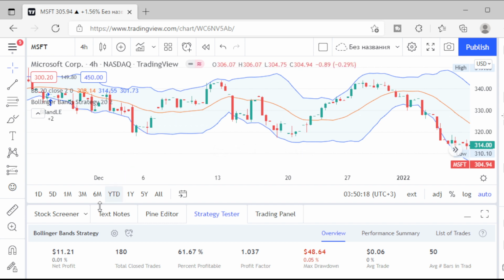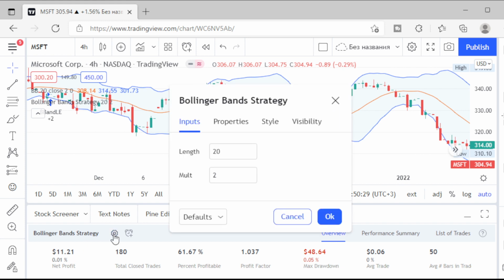So here we have the Bollinger Band strategy. You can see that it has just 0.01% of net profit. It's very low, very low. We can apply, like, 4.